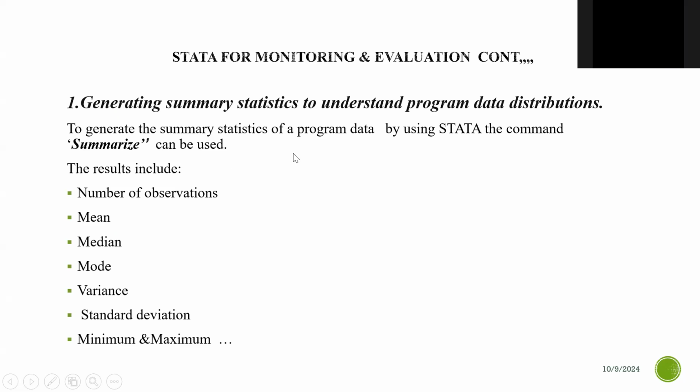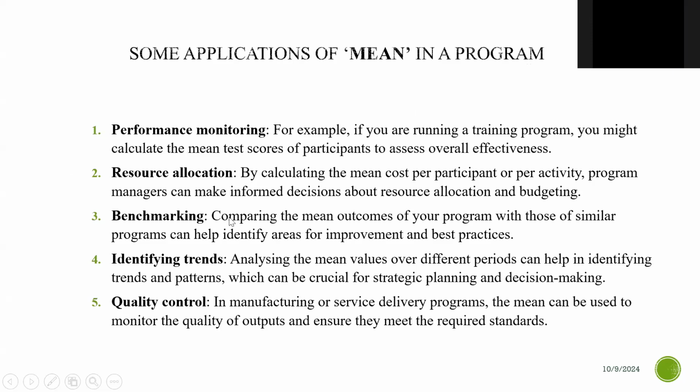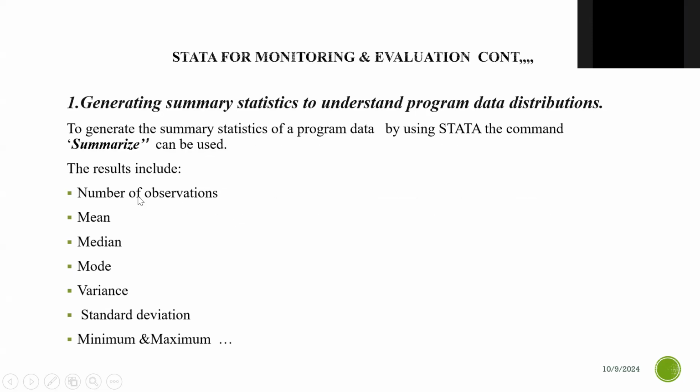To generate summary statistics in program data, we use the command called summarize. Its results include the number of observations. You can get the mean, median, mode, variance, standard deviation, minimum, and maximum.